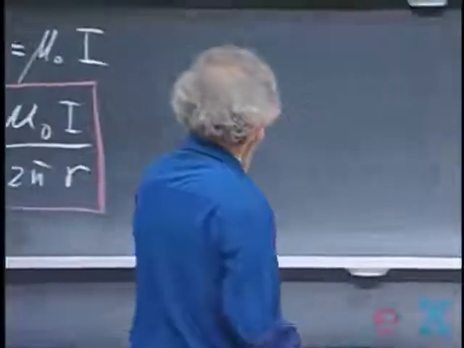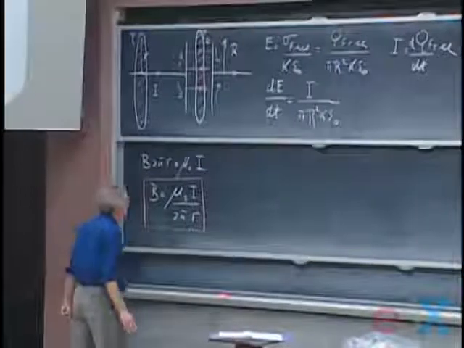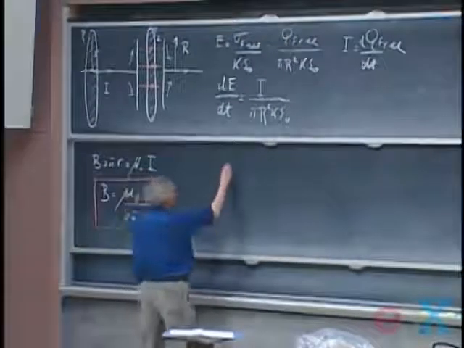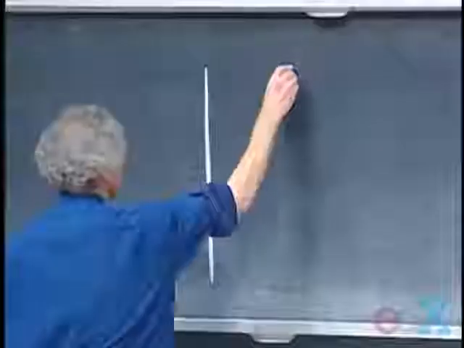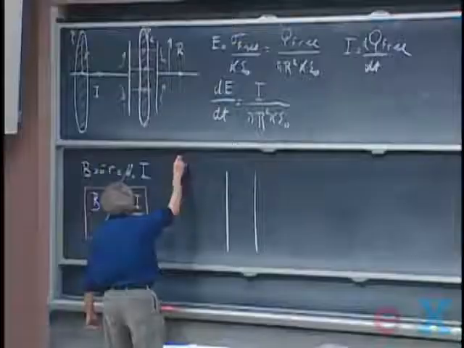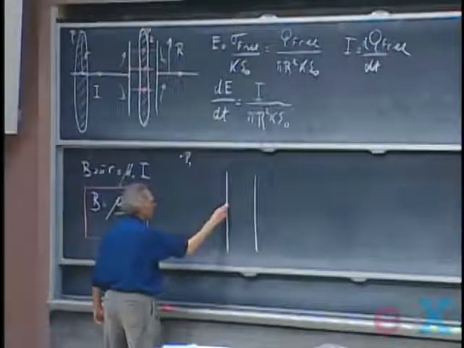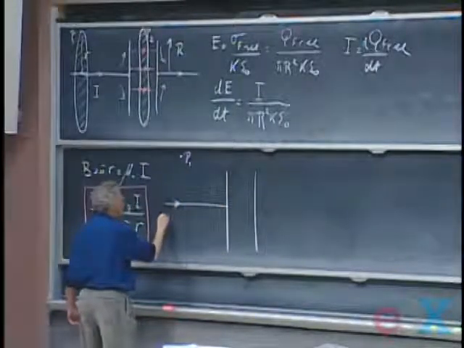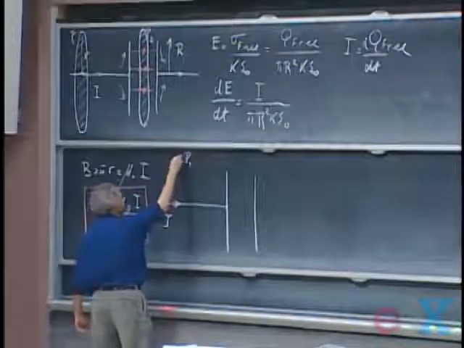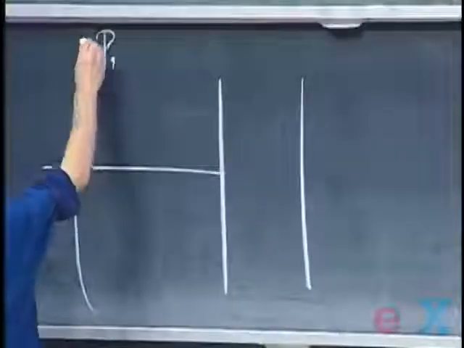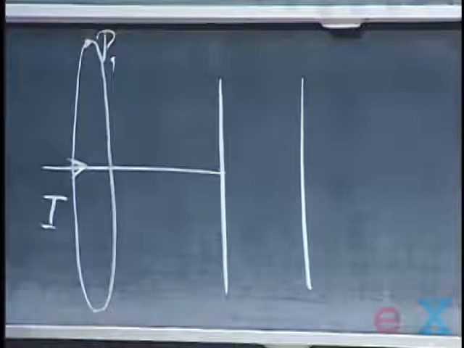I can make the situation even worse. I'm going to revisit point P1, and here is my capacitor, and here is my point P1. My current is flowing like so. Here's my closed loop. According to Ampere's law, closed loop integral B dot dl.